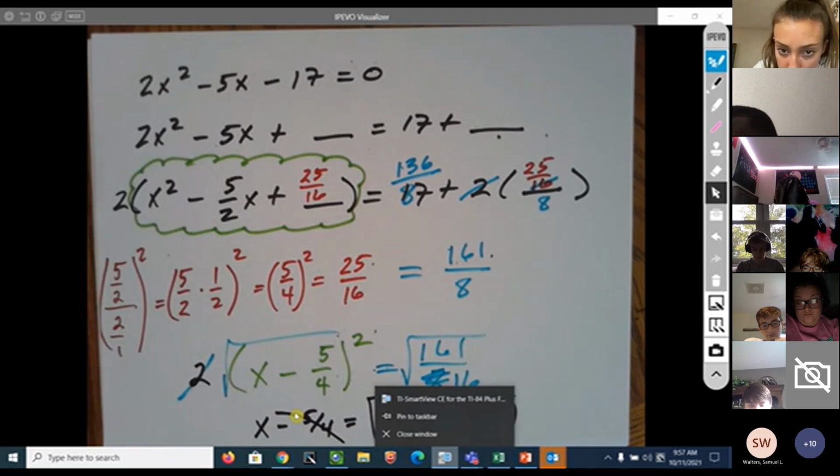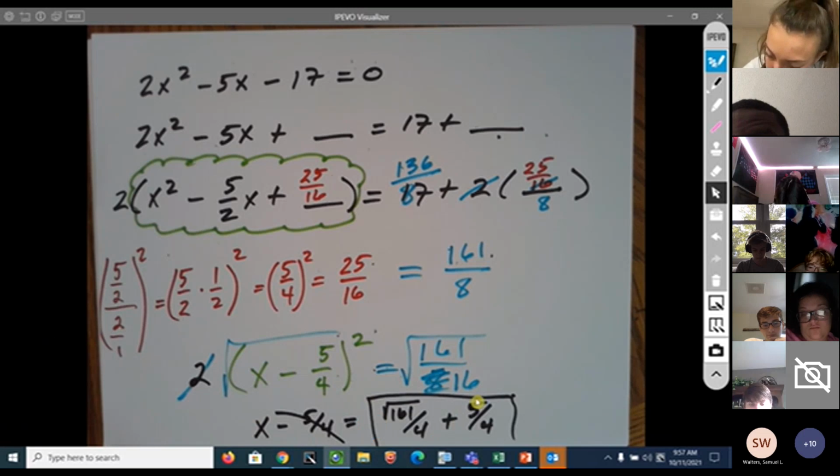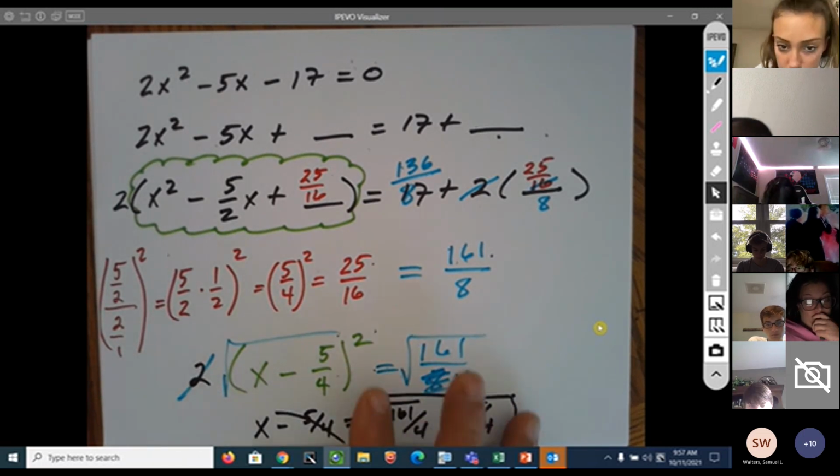So I get 5 plus square root of 161 over 4. I skipped a couple of steps there just to get it on one piece of paper.